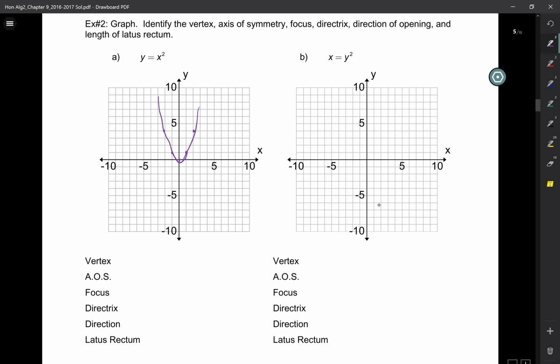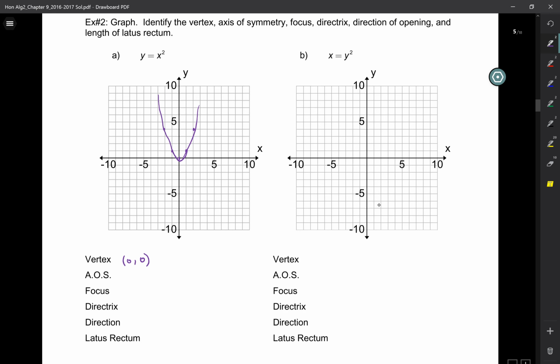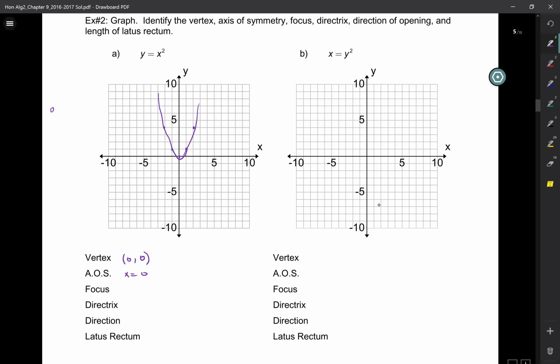So the vertex is 0, 0. Axis of symmetry, x equals 0. Okay. All right, so what about the focus? How much is A in this problem? A is 1. So 4A is equal to 4.